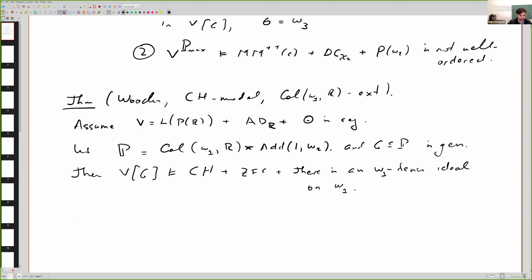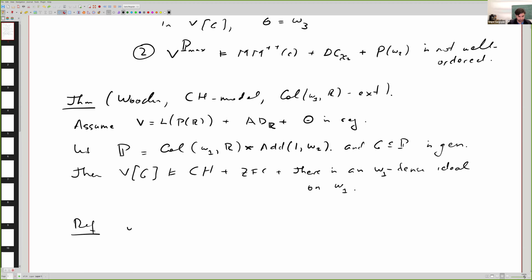We know what star is, but star class, this is the statement that for every A, maybe even ask a weaker version. Yeah, let's ask a weaker version.